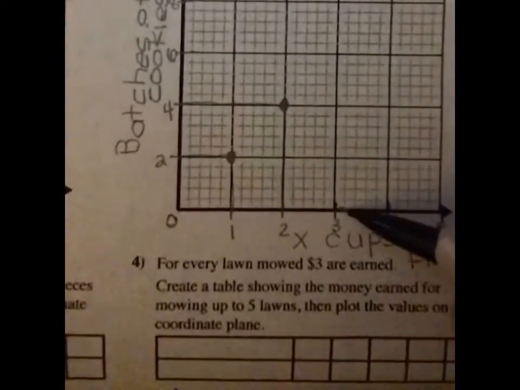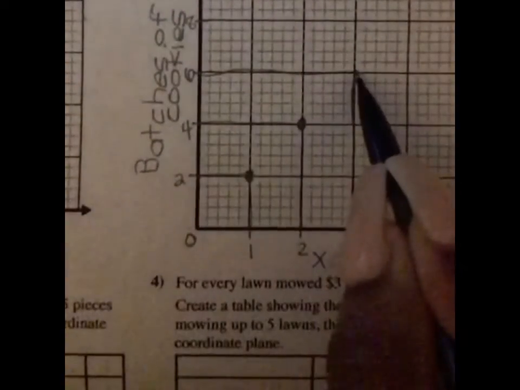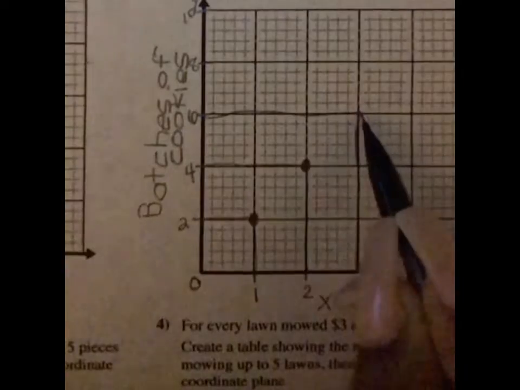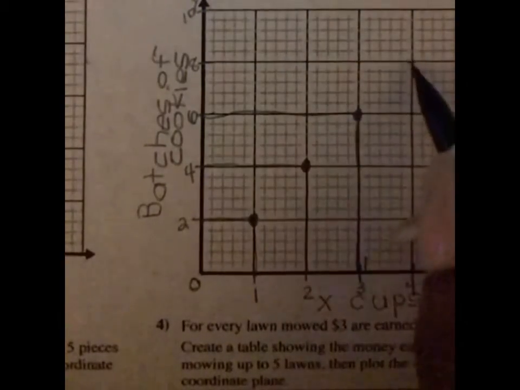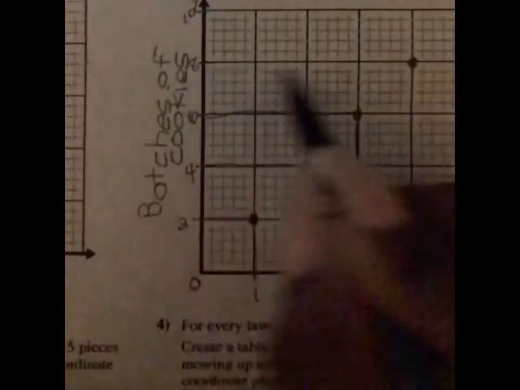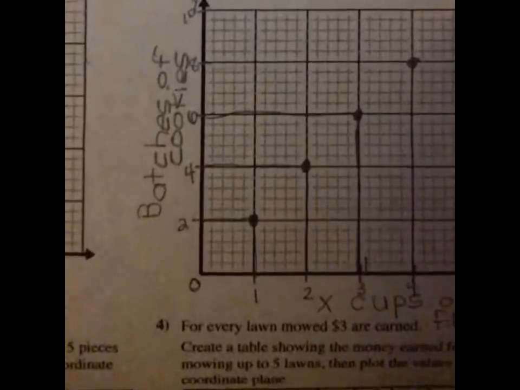So we'll come to the 3 on our x-axis and come up to where it intersects with 6, and then we'll plot our point. And we'll continue that with the 4 and the 8 and 5 and 10.